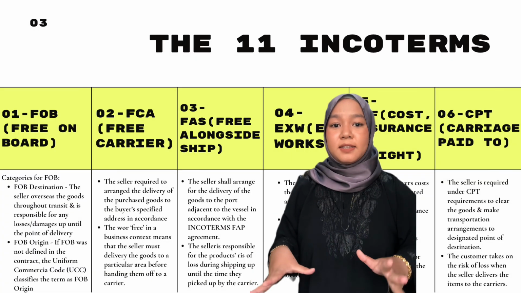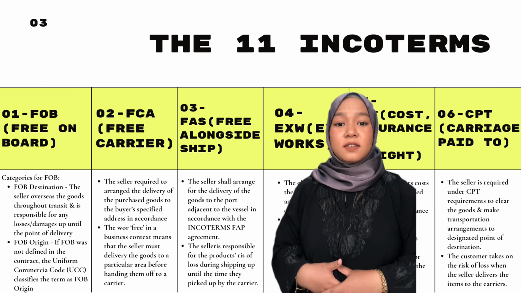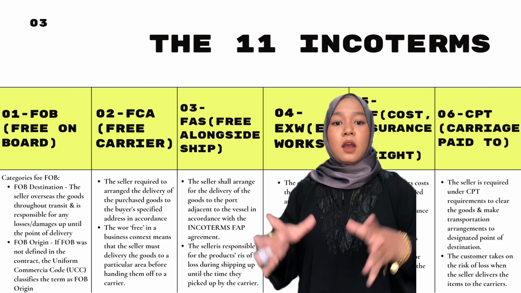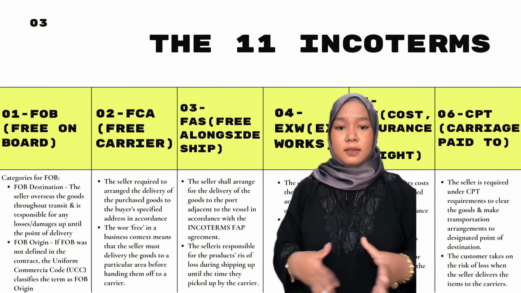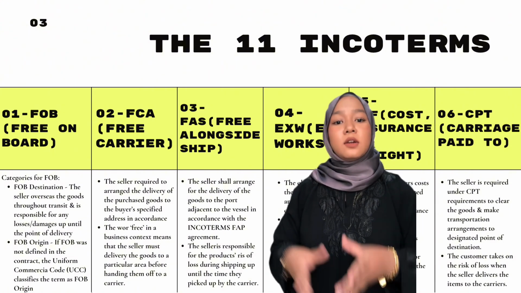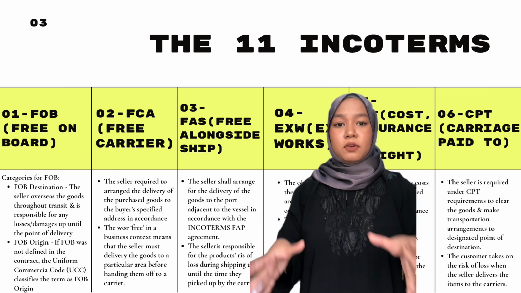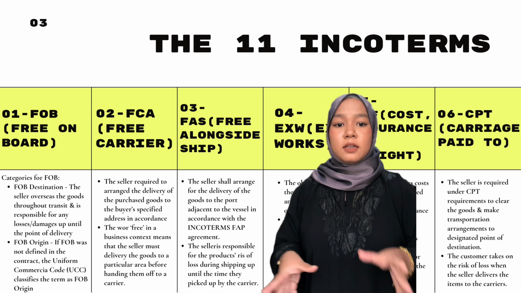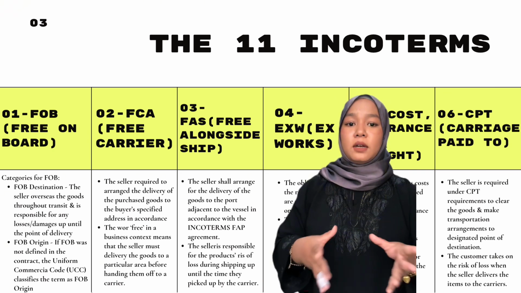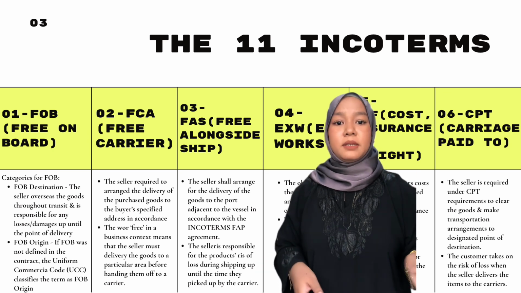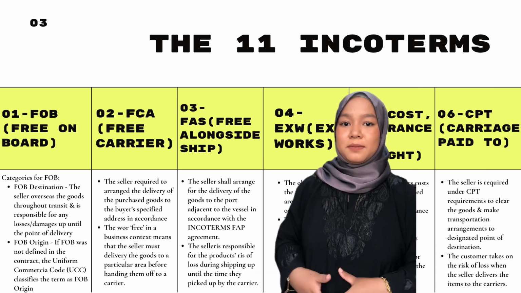The third one is FAS, free alongside ship. The seller should arrange for the delivery of the goods to the port adjacent to the vessel in accordance with the Incoterms FAS agreement. The seller is responsible for the product's risk of loss during shipping up until the time of pickup by the carrier.